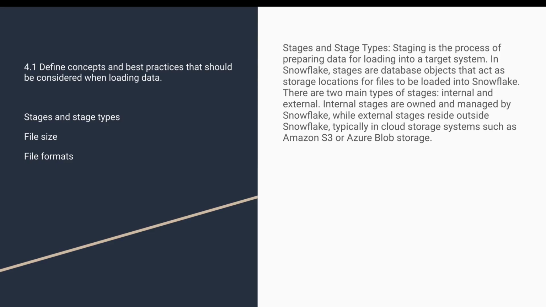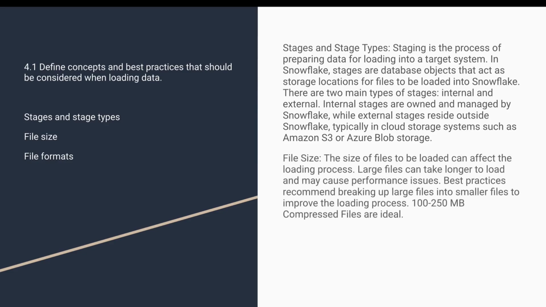Suppose you want to load 10 GB of data and each file is only 10 MB. The number of files will be very large, and it may create some overhead to the loading of the data into Snowflake. So that is not the optimal size. The optimal size is a 100 to 250 MB compressed file. These are ideal to load the data into Snowflake.